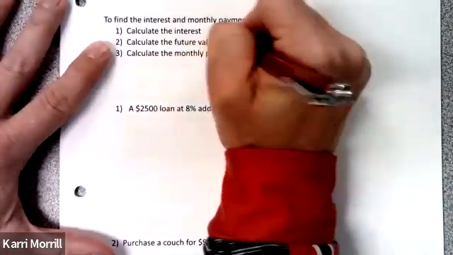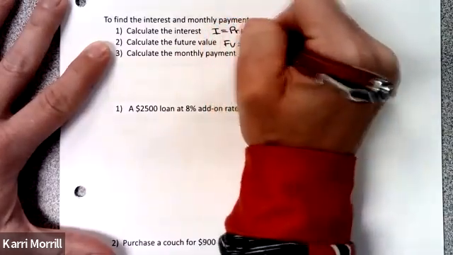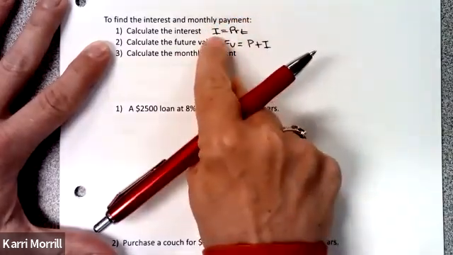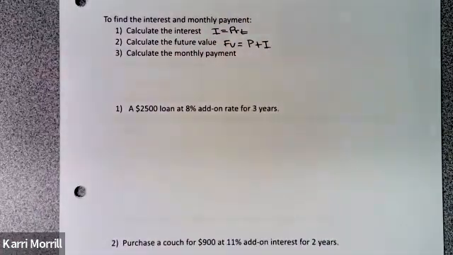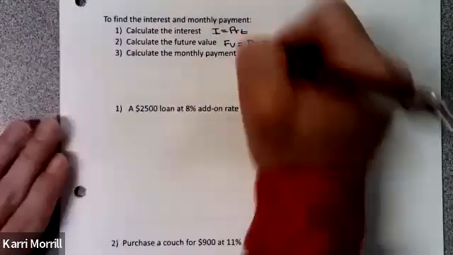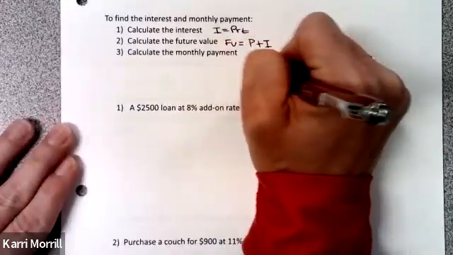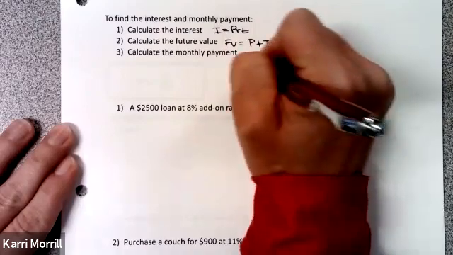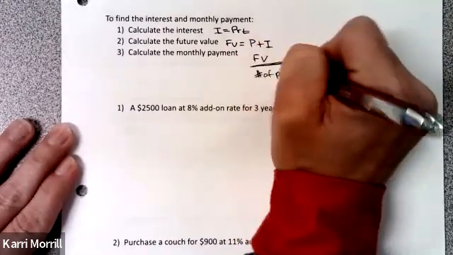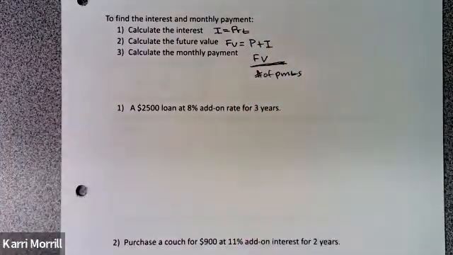So remember, your future value would be just adding that principal and interest amount that you just found in the step before. And then you're going to calculate the monthly payments. You're going to take that future value and divide it by the number of payments. Then that can tell you how to find the monthly payment amount. Maybe it's not given to you, and that is what we want to find.